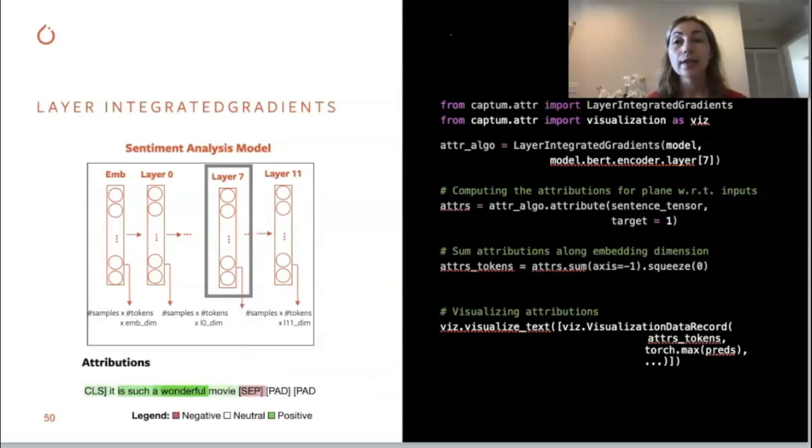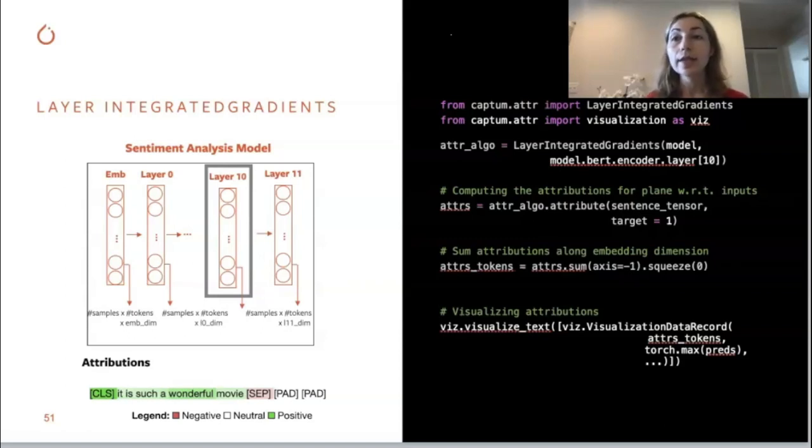When we visualize the attributions for each token, we observe that the importance scores based on integrated gradients are more meaningful. The token wonderful appears to be most important according to layer 7. Now let's move to layer 10 and see how the importance changes.